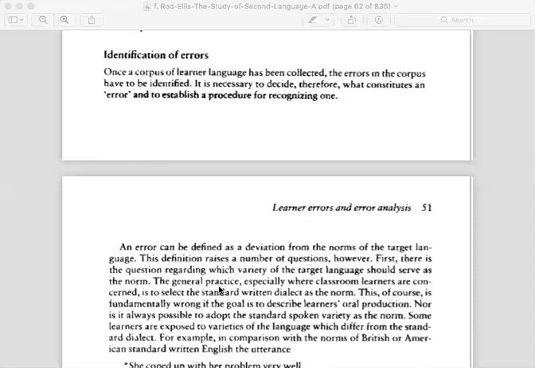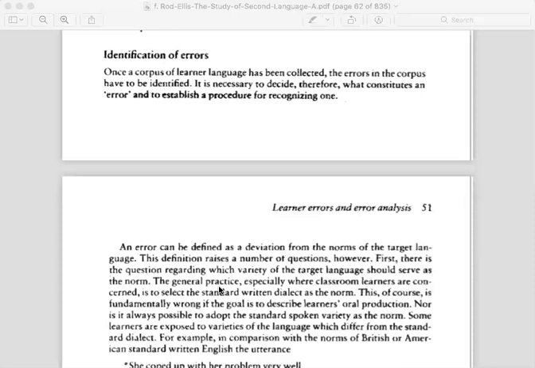Before we can describe them, it is important to find out whether what we are pointing out or trying to analyze are actually errors or not, right? So first of all, let's try to define what errors are, okay? Language errors, in speech or writing, or in the production of language, are defined as deviation from the norm.